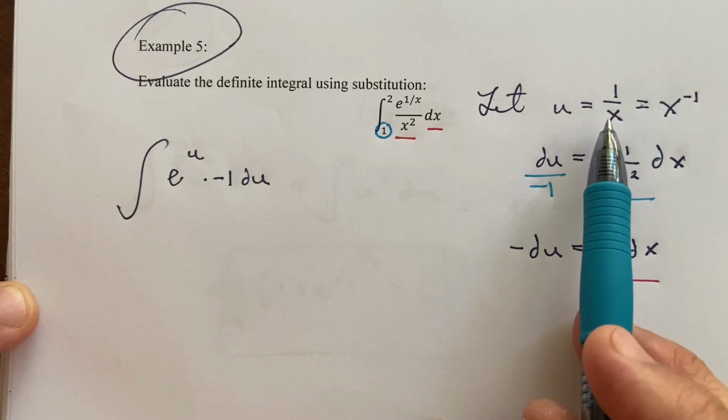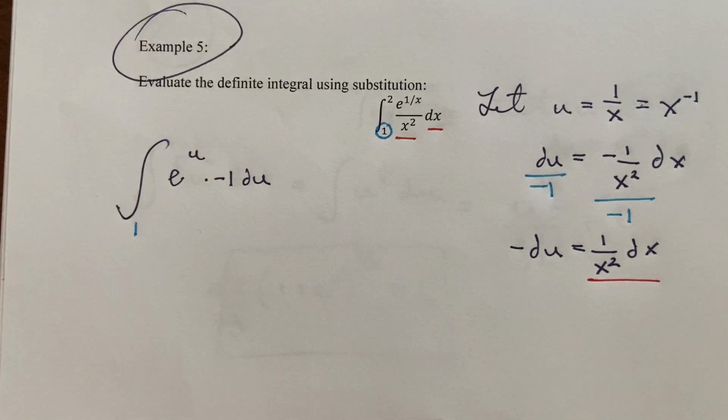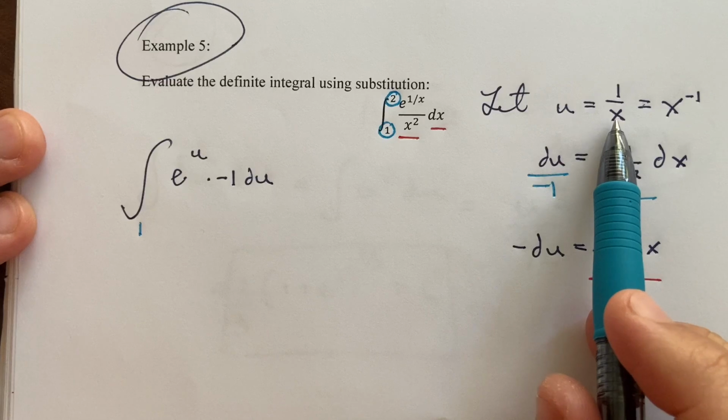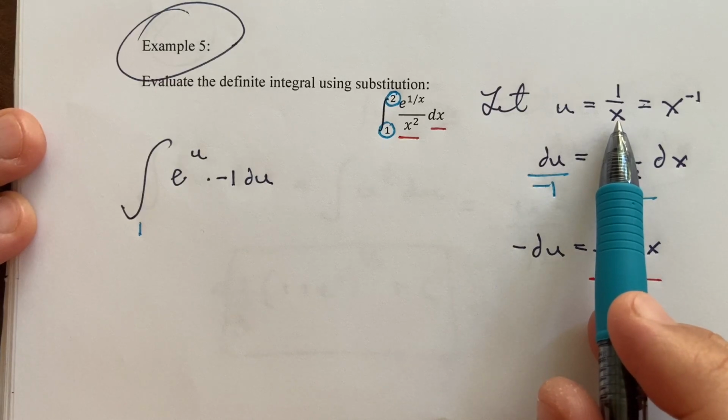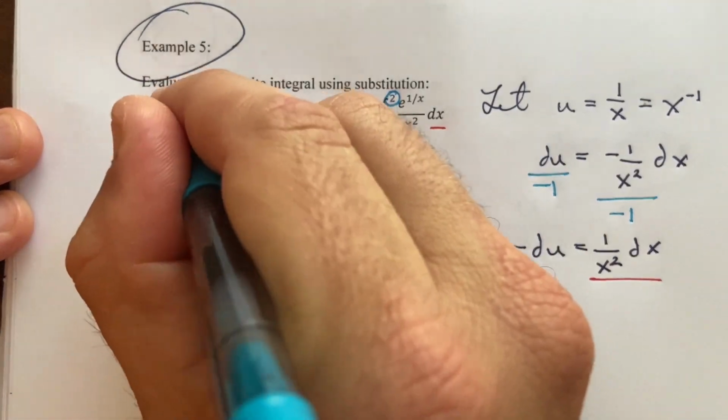So 1 over 1 would be 1. So actually it's still 1. Then plug your upper limit into your substitution to get your new upper limit. So plugging in a 2, I get a 1/2.